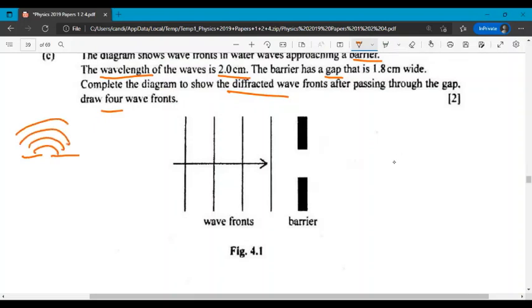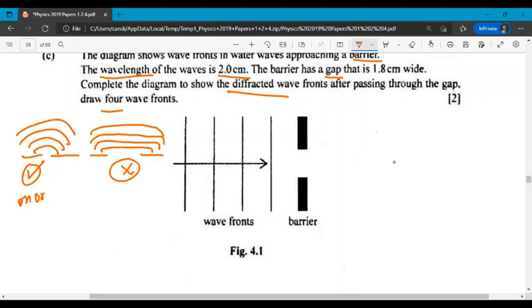So, first thing you want to know, remember if the gap is small compared to the wavelength, then we get diffraction. If the gap is large compared to the wavelength, then we get straighter waves, less diffraction. Okay, more diffraction, less diffraction.